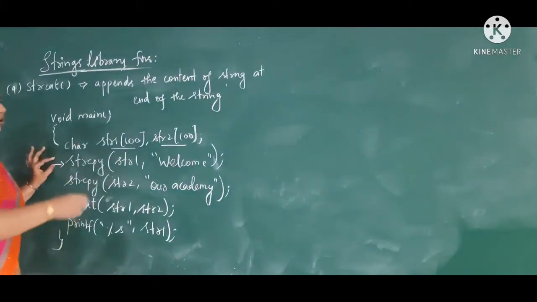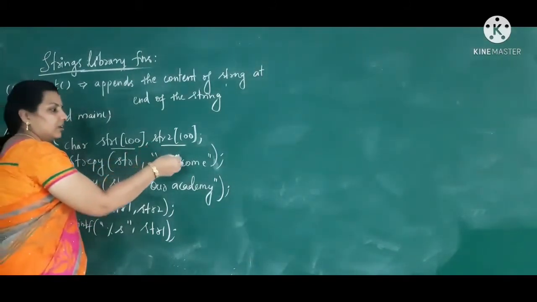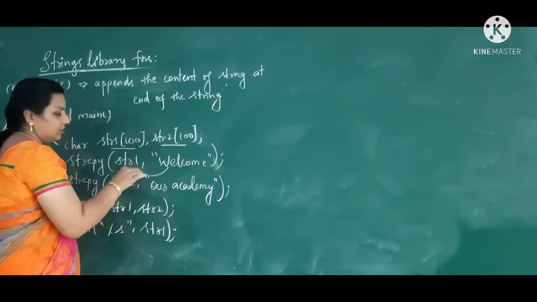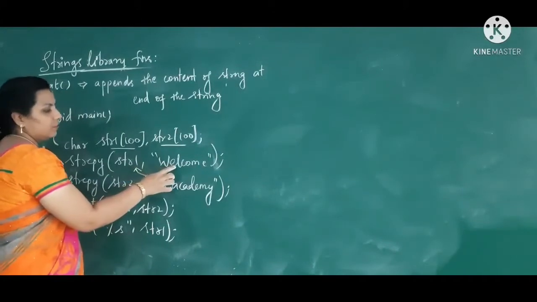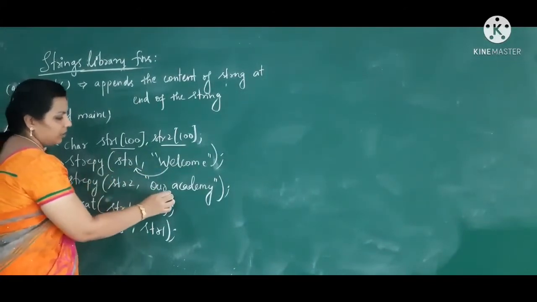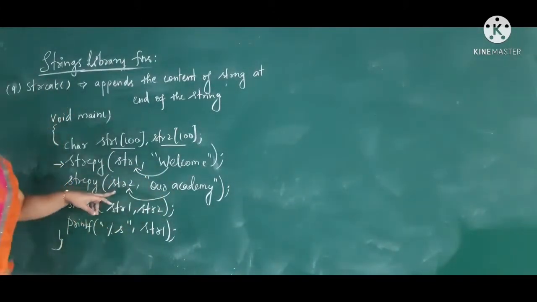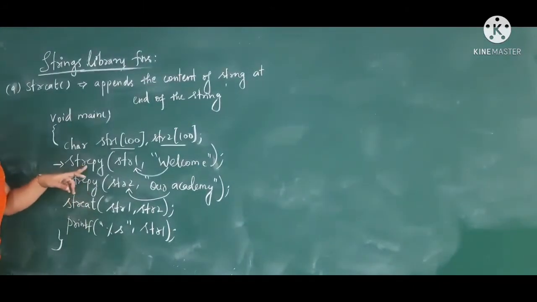First I need to copy the content into the strings. Yes, I am first copying the first string into one variable and the second string into the other variable. For that I make use of the function strcpy, right?